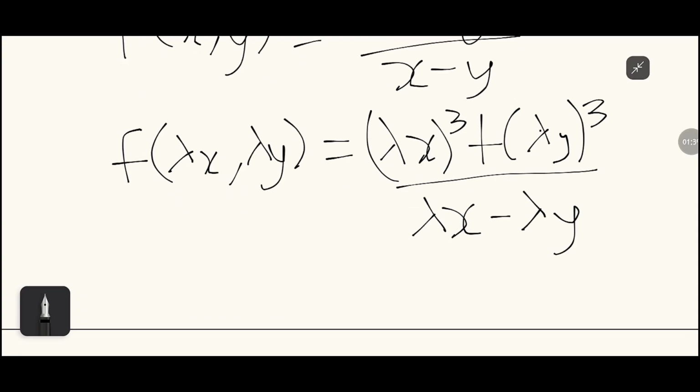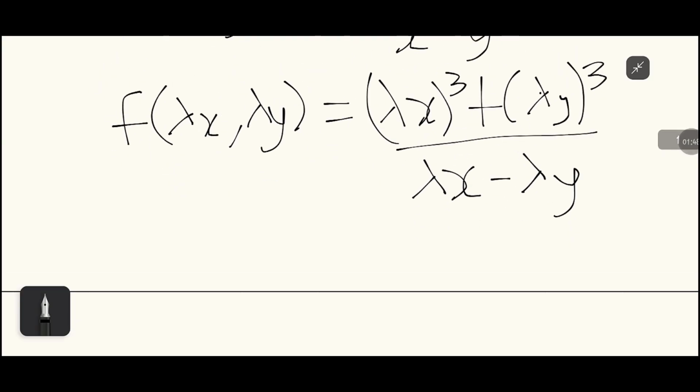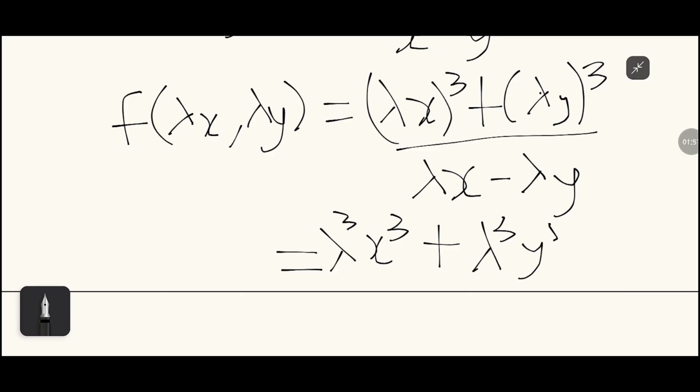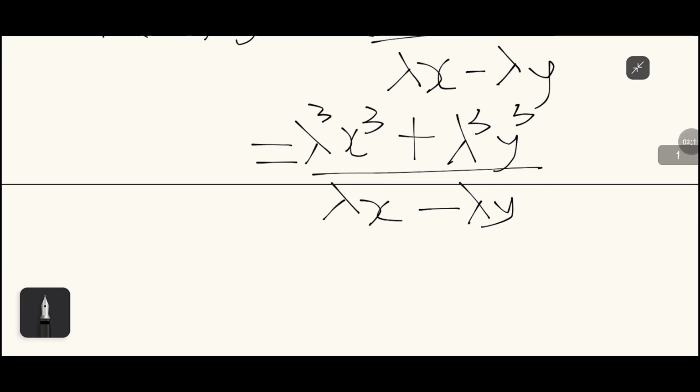Now what we just did is replace x with lambda x and y with lambda y. So now this is going to give us lambda cube x cube plus lambda cube y cube all over lambda x minus lambda y.